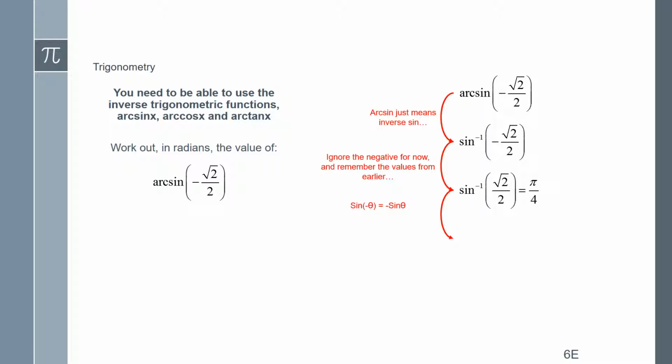Sine minus theta is the same as minus the sine of theta. You can think of that also if you imagine the sine graph. Then you could draw a little sketch and you could see to yourself that the sine of minus 30 degrees is the same as minus the sine of 30 degrees. Draw a sketch if you're having trouble imagining that, and you should see it work.